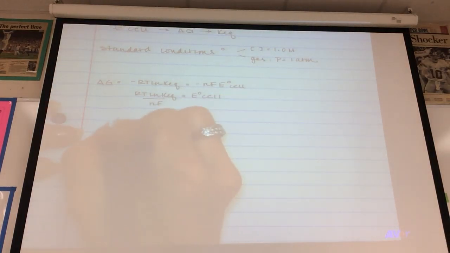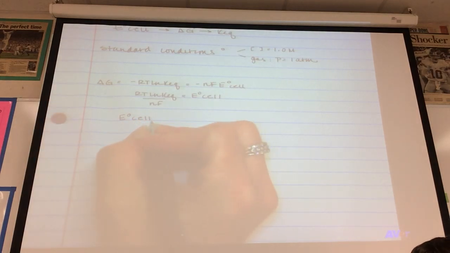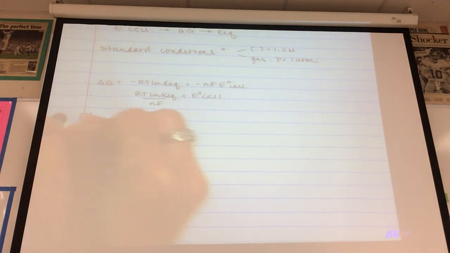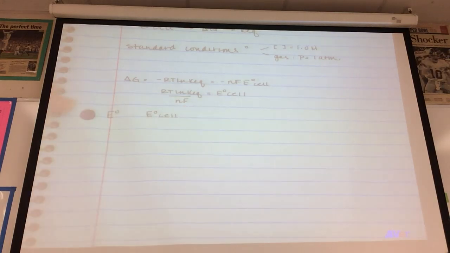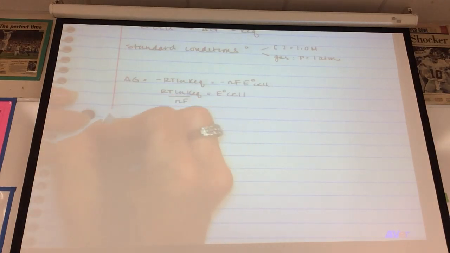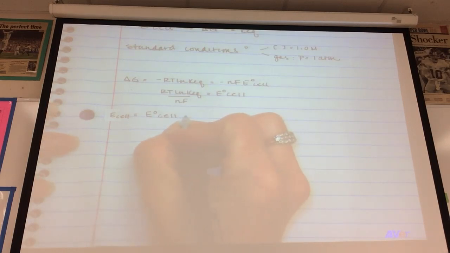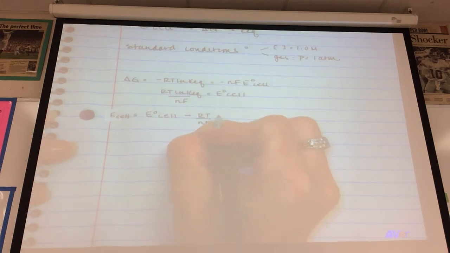So what happens here is that under non-standard conditions, this is equal to Ecell under standard conditions minus RT over NF, and now you have non-standard conditions, so you have ln of Q.